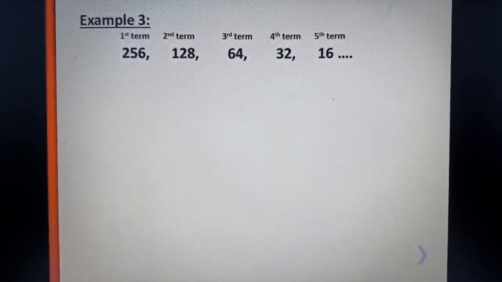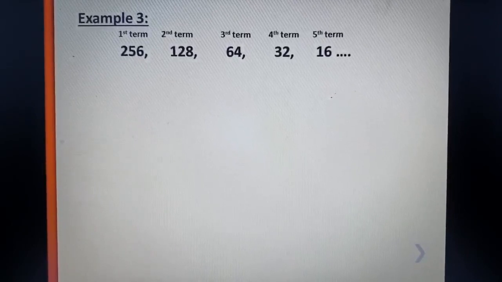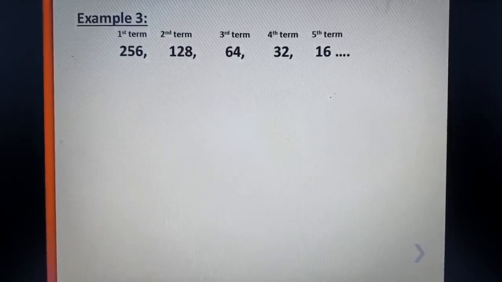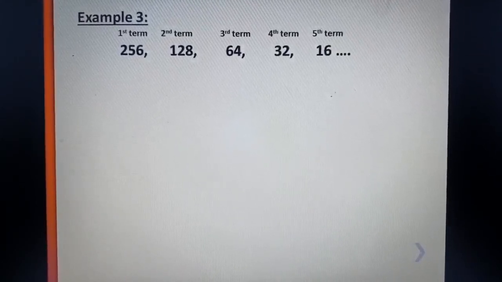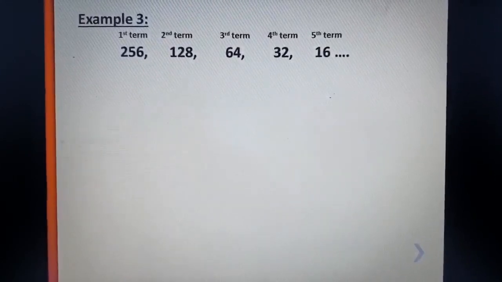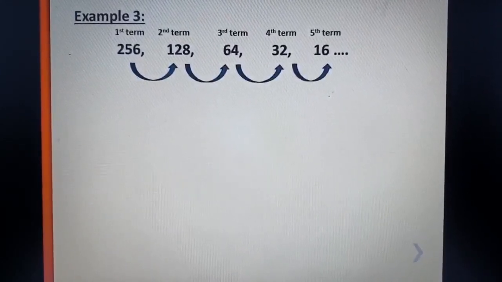So again, you can see the other terms also. 128 is the second term and the third term is 64. And the fourth term is 32. So there is a huge difference between the terms. So think of a division only. Only a division can make this kind of huge variation.